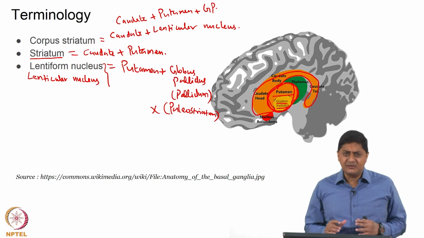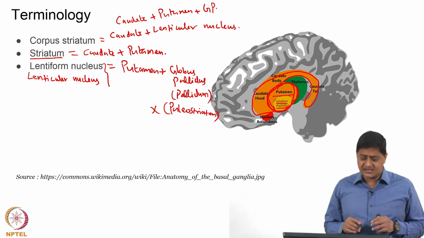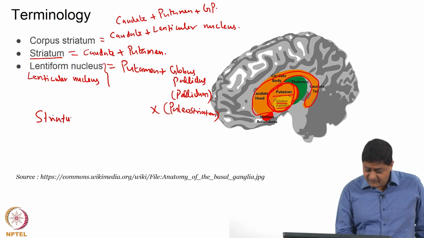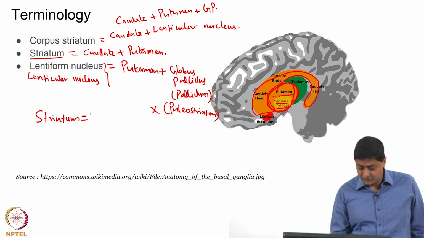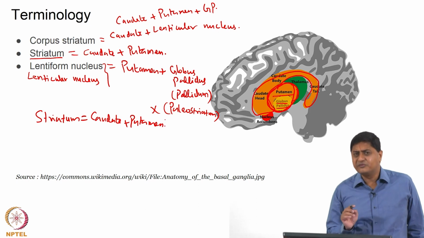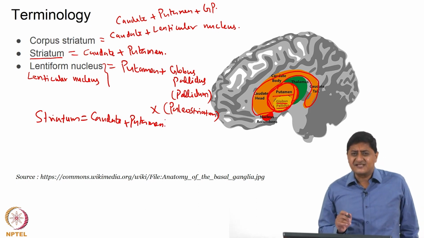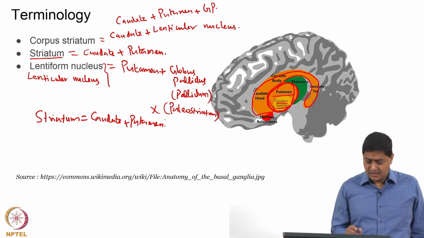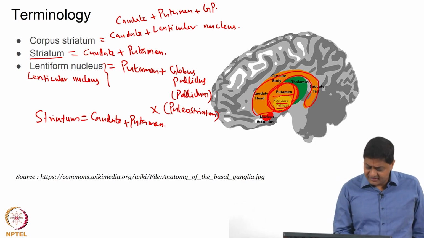So, lots of confusing terminology. What will we use in this class? In this class, we will say striatum. Whenever I say striatum, I am referring to caudate and putamen. I will refrain from using phrases such as corpus striatum. I will just say striatum. When I say striatum, I am referring to caudate and putamen. And when I am referring to globus pallidus, I will refer to that as globus pallidus.